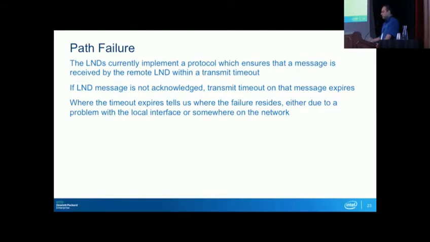When an LND message is sent, there is a transmit timeout associated with it. And depending on where that transmit expires, we're able to determine whether there was a problem locally or remotely.